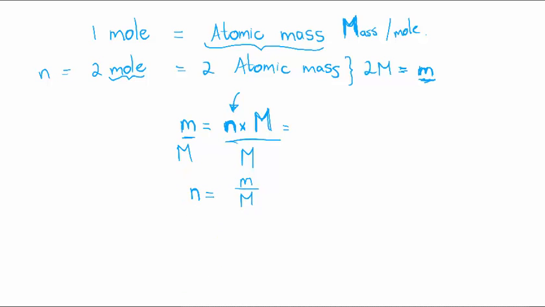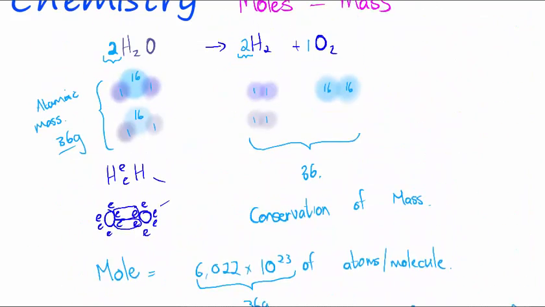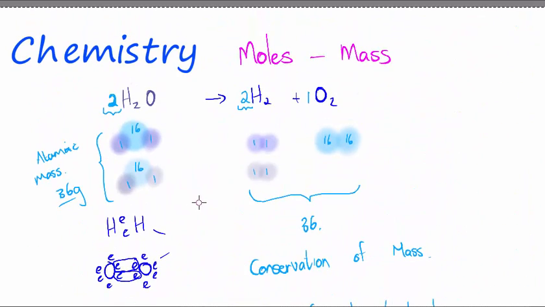Because if we go back to what we said here, 2 molecules of water produced 2 molecules of hydrogen and 1 molecule of oxygen.